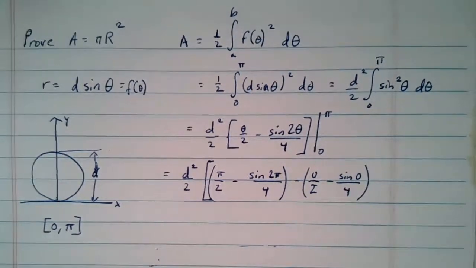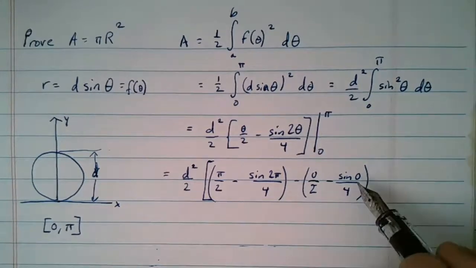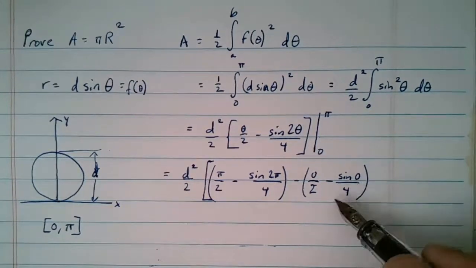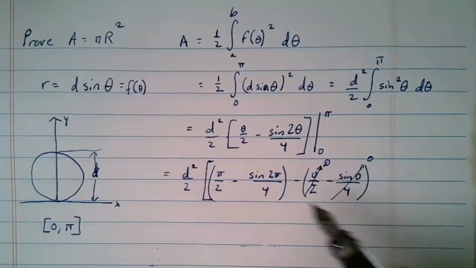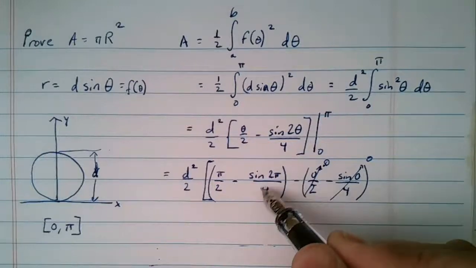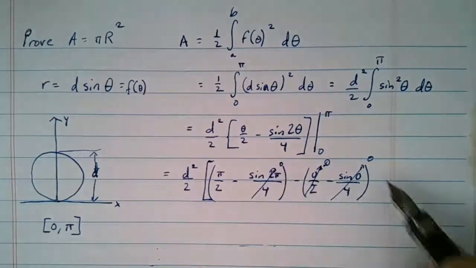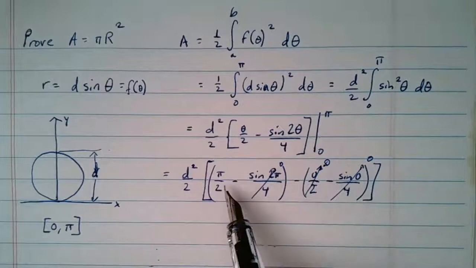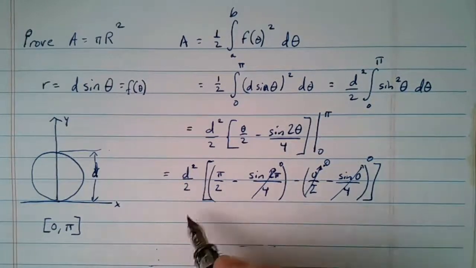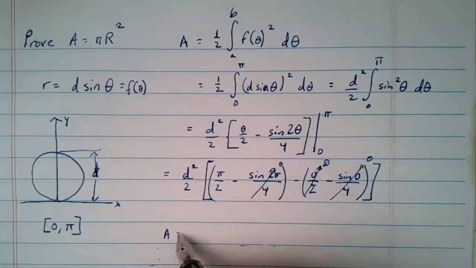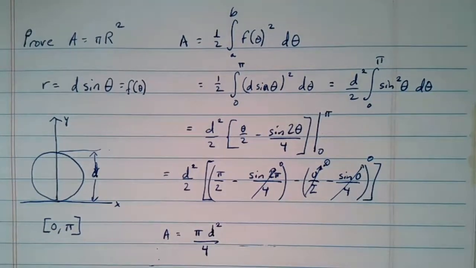Okay, fair enough. Now, what do we have? Well, sine of 0 is 0. 0 by 2 is 0. Sine of 2 pi is 0. That doesn't leave us a whole lot, does it? What it does leave us is pi by 2 times d squared over 2. So that means the area is equal to pi d squared by 4.